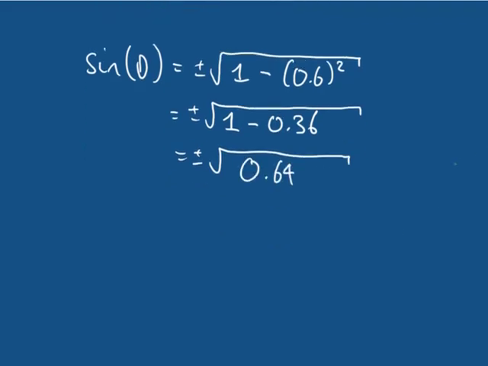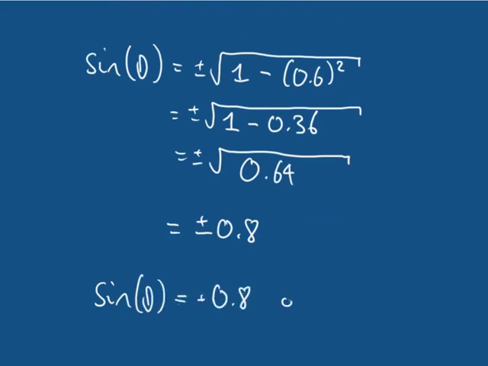Now the square root of 0.64 is 0.8, so it's going to be equal to plus or minus 0.8. That means our sine theta is either equal to a positive 0.8 or it's equal to a negative 0.8. They are the two possible values for sine theta.